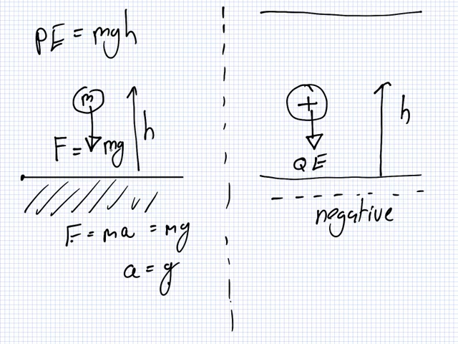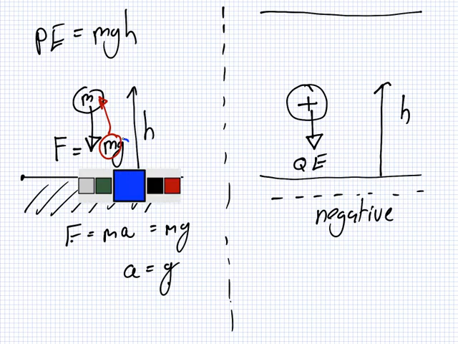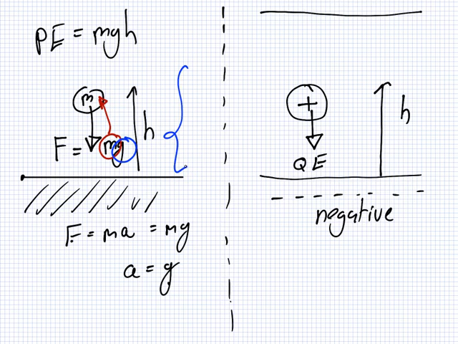So the m is something about the particle, and the g is about what? Yeah, the space. Now if you look here, the q is something about the particle. What exactly is it? It's the charge of the particle. And the e is something about the field.